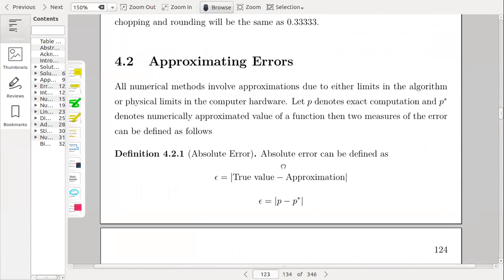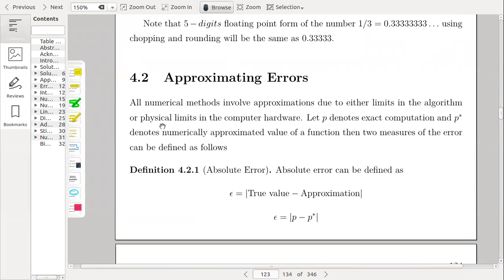So now approximating errors. All numerical methods involve approximations due to either limits in the algorithm or physical limits in the computer hardware.